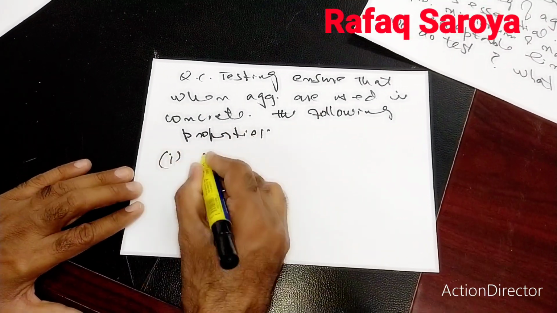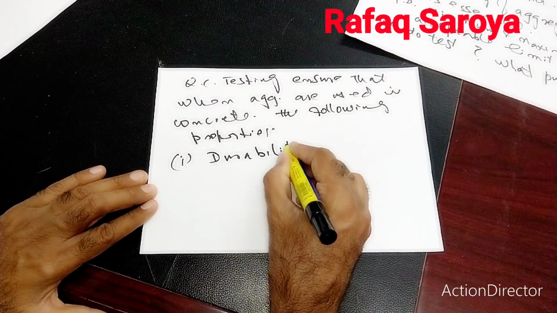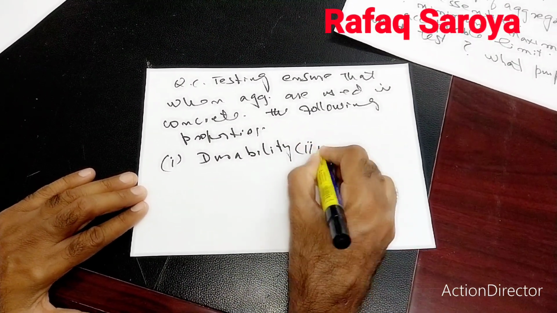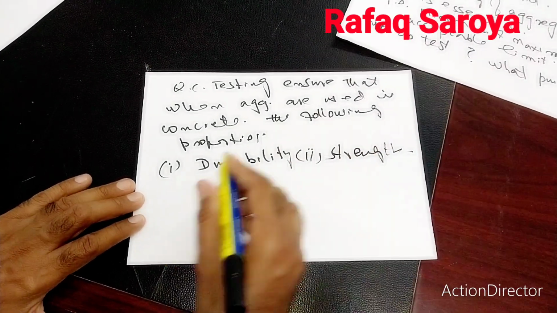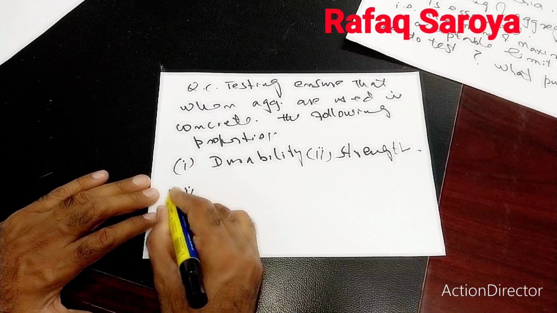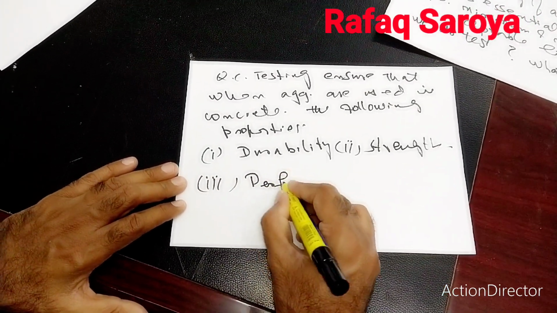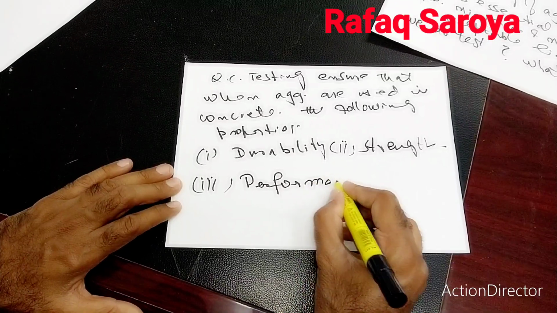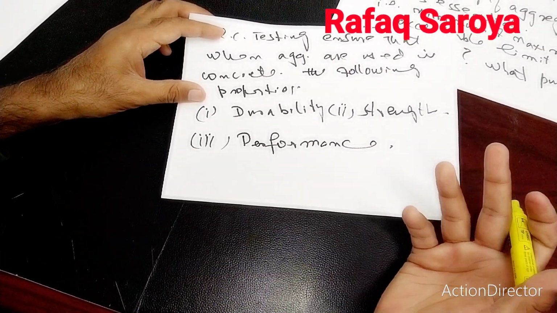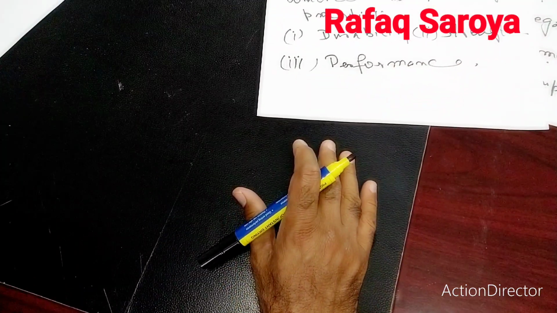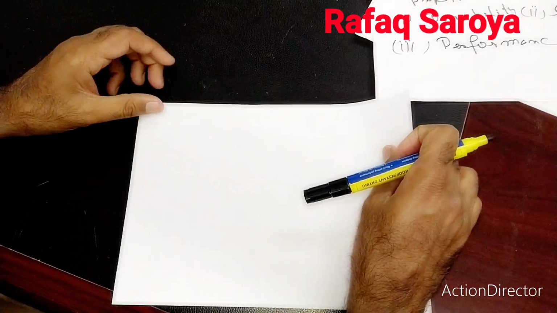Number 1, durability. Number 2, strength. And number 3, performance. Next, which tests need to be performed on aggregate, and those tests are going to satisfy the properties of the aggregate.